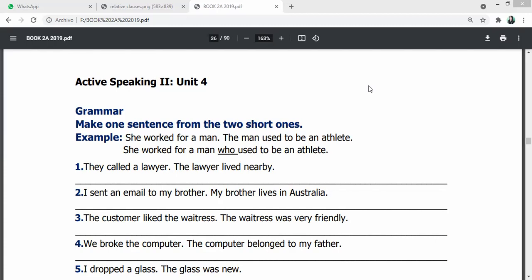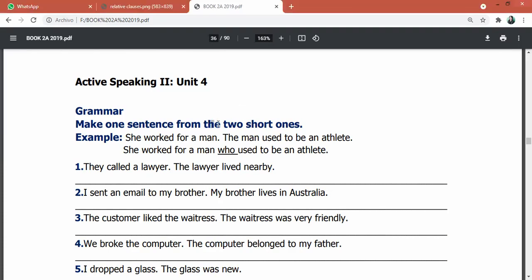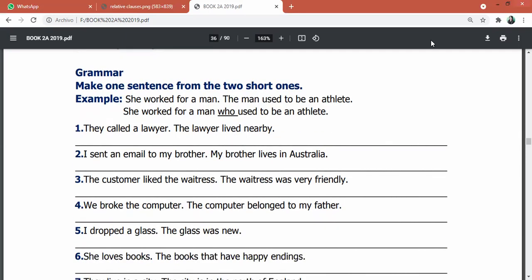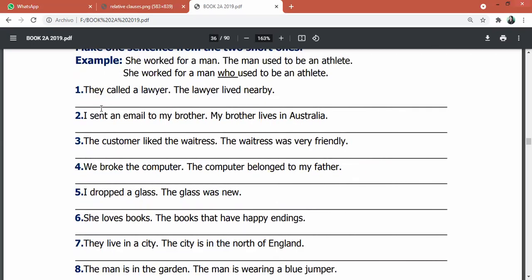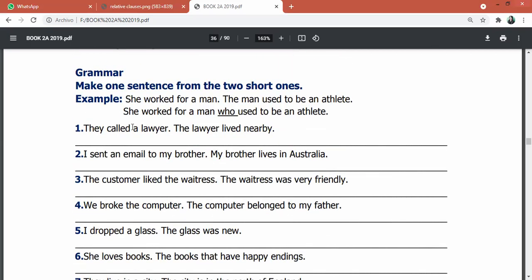So right now, guys, we are going to practice non-defining relative clauses, okay? That is going to be the exercise for today. So here you have some examples. Number one, can you read it, please?